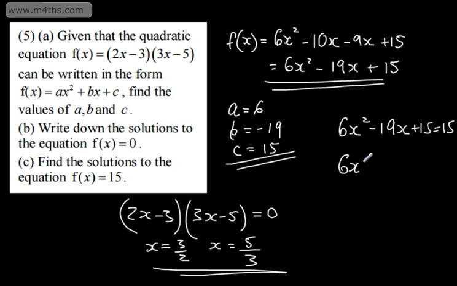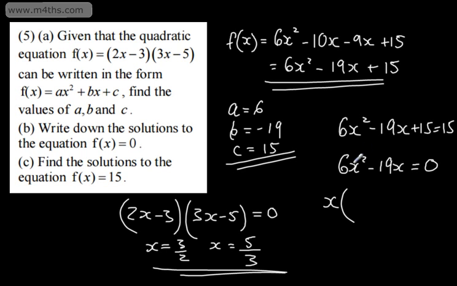So 6x squared minus 19x is equal to 0. What we've got here is ax squared plus bx, and we looked at factoring those before. So here we don't have a constant term. What I'm going to do is factor the x. I've got x is common to both. We know that's going to lead, if we don't have a constant, to x multiplied by ax plus b.